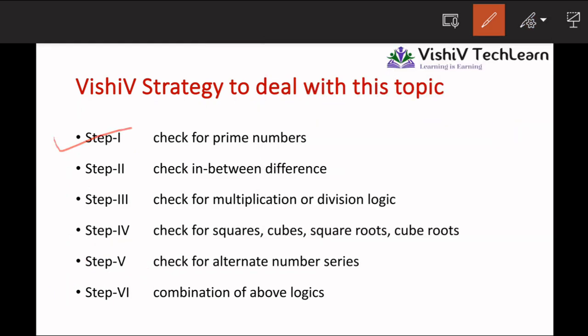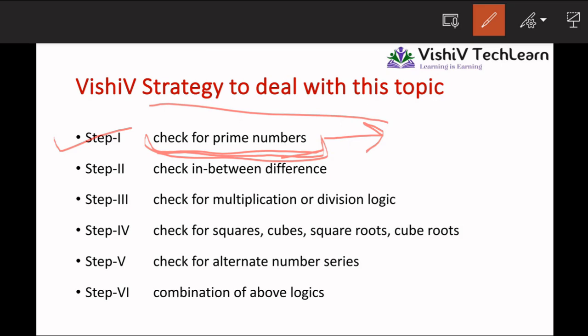Step 1 says that whenever you read a number series problem, check for prime numbers. If those numbers are prime numbers or related to some calculation related to prime numbers, then try to apply that logic to solve the problem.